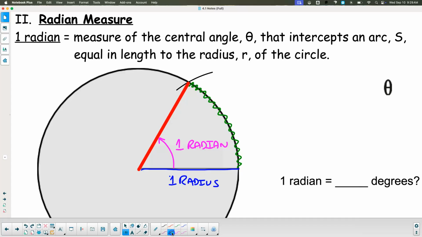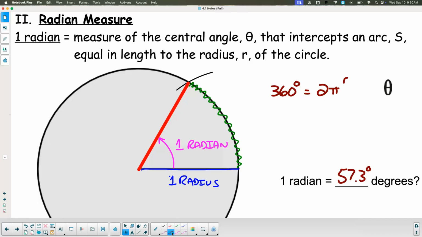A radian is approximately 57.3 degrees. Because, as you'll find out on Friday when we convert degrees to radians, in a full circle there are 360 degrees. In a full circle, there are 2 pi radians.